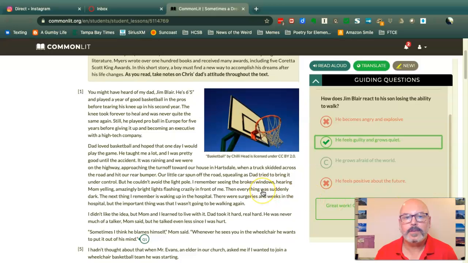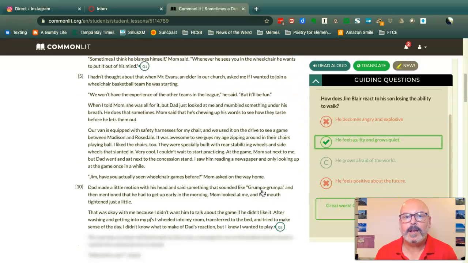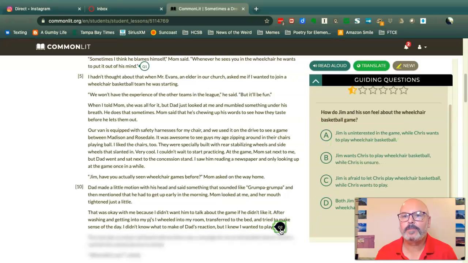Now, the text has unblurred, and I need to find Q2. How do Jim and his son feel about the wheelchair basketball game? Jim is uninterested, while Chris wants to play wheelchair basketball. Jim wants Chris to play wheelchair basketball, while Chris is unsure. Chris is the son and the narrator of the story.